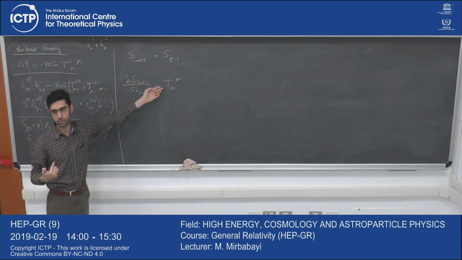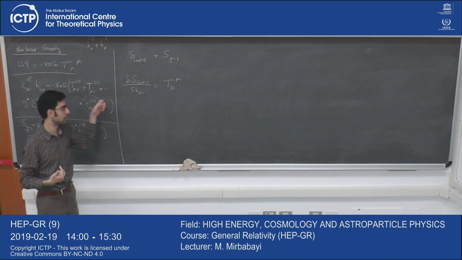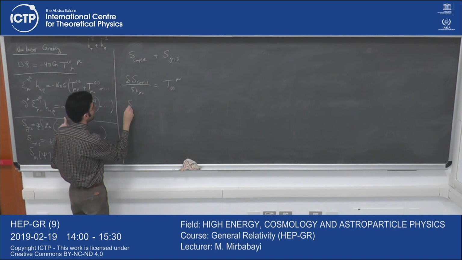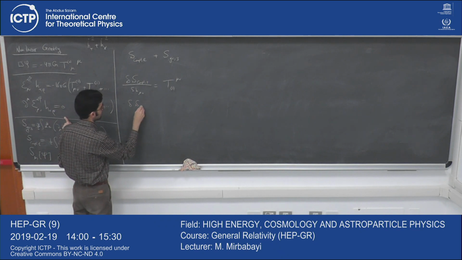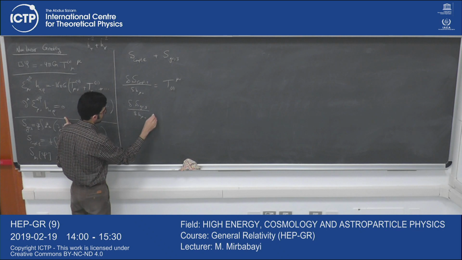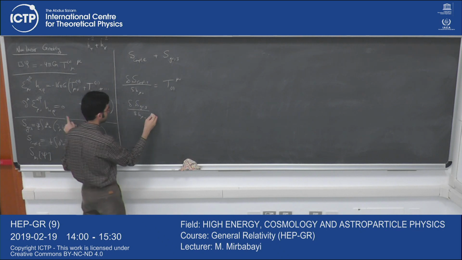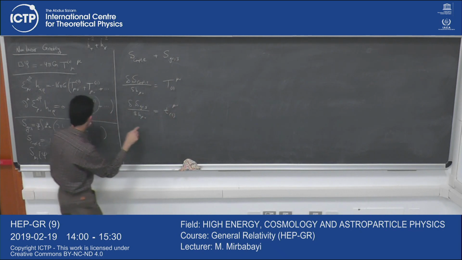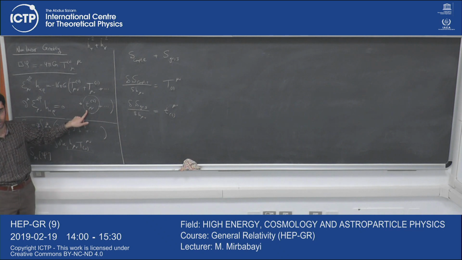When I vary it with respect to h, it gives me a linear term in h, which is this one. And then there has to be this S gravitational 3 so that when I vary the action with respect to h mu nu, it gives me T2 or T mu nu 2. Gives me this stuff.